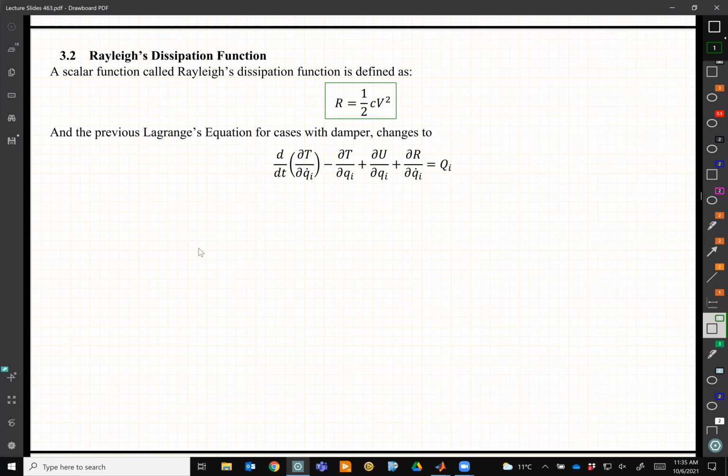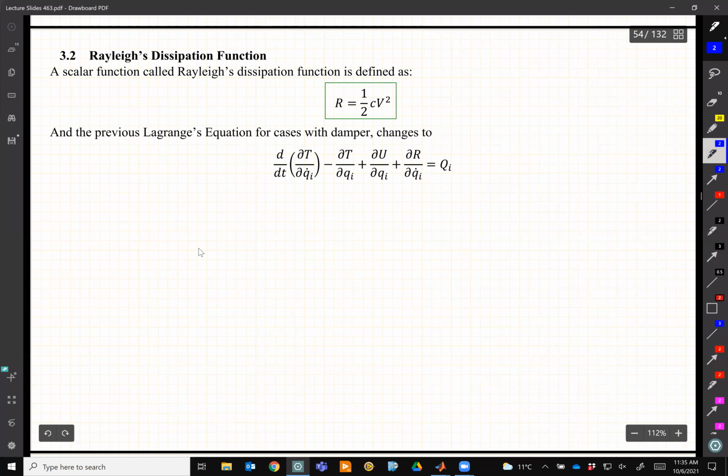Okay? So we know, like for a spring, the energy is in a form of potential energy. It is half of kx squared. So there is a similarity here. Half of c v squared, v is the velocity, right?